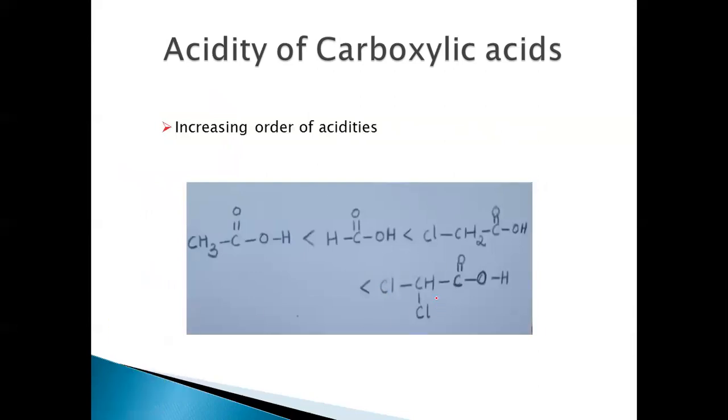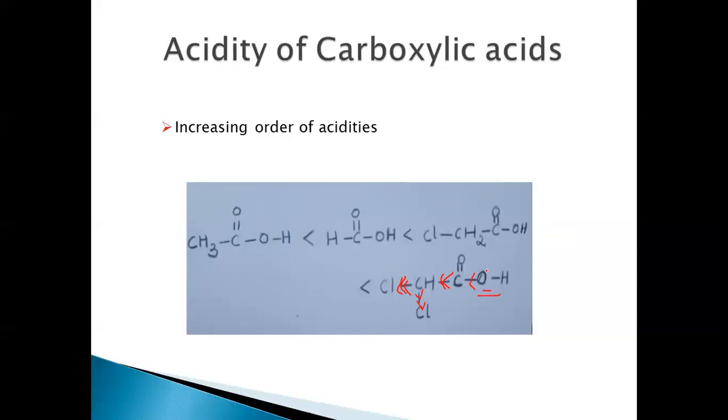If we take dichloroacetic acid, the Cl is a minus I effect group. It will attract the electrons from the system. This in turn will draw the electrons from the system, so this will decrease the electron density on the oxygen.